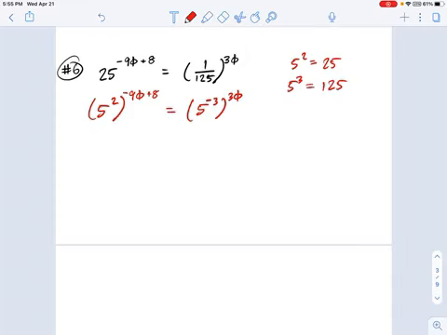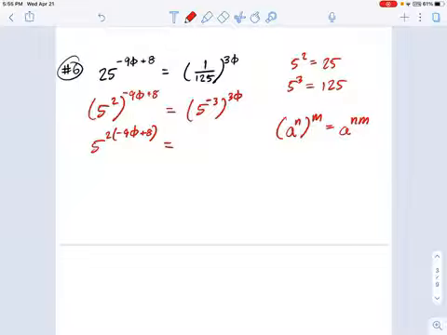So let's simplify those exponents a little bit. I've got 5 to the power of 2 times negative 9x plus 8. And remember, this is using that principle of a to the n to the m equals a to the nm. So on the right, I have 5 to the negative 3 times 3x.